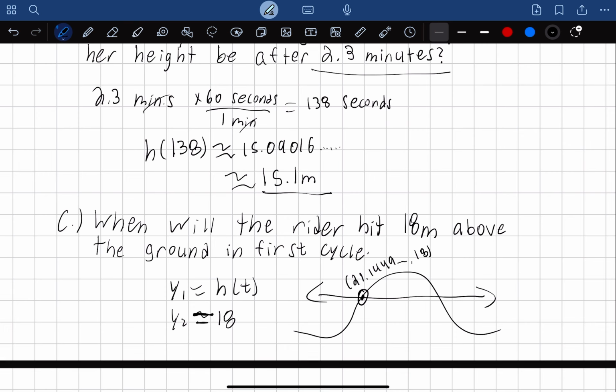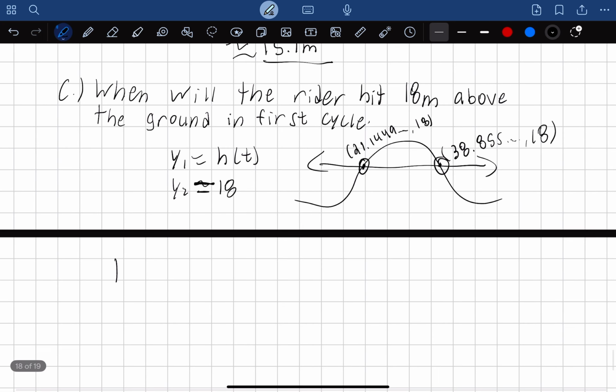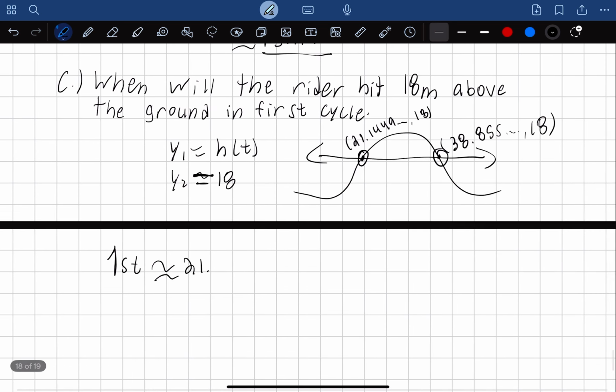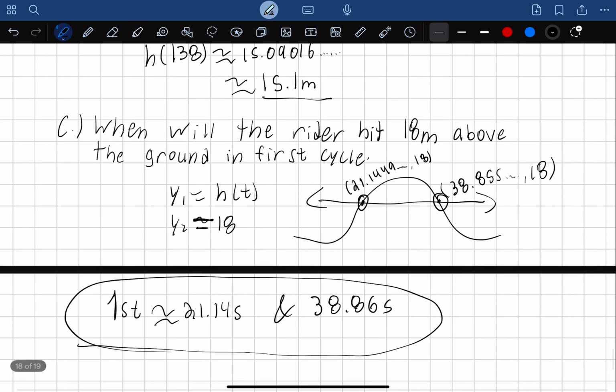And then our second intersection is going to be 38.855, and then of course 18, which means that in the first cycle, the rider will hit 18 meters first at about 21.14 seconds, and it will then hit it again at 38.86 seconds. So those are our answers about when the rider will hit 18 meters above the ground in only the first cycle.